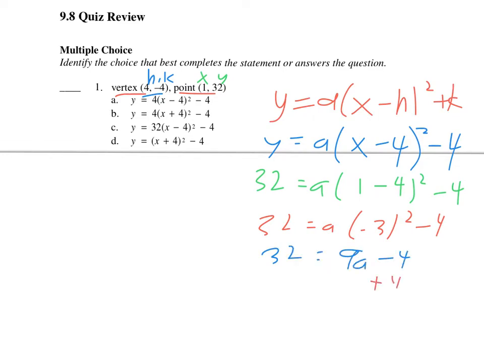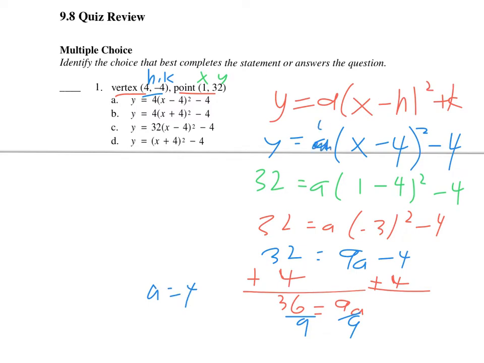We add the 4 over, so we get 36 equals 9a, and then divide by 9. A equals 4. I can go back and scribble out the first step and plug in a 4 right there, and then I can see that the answer is A.